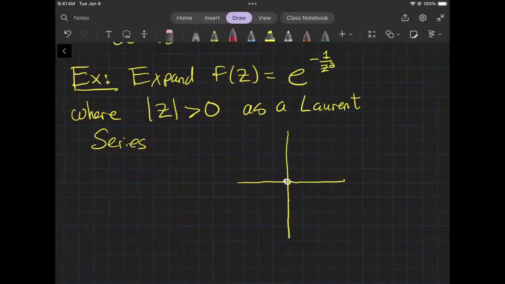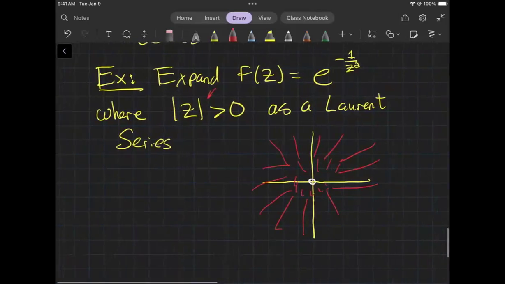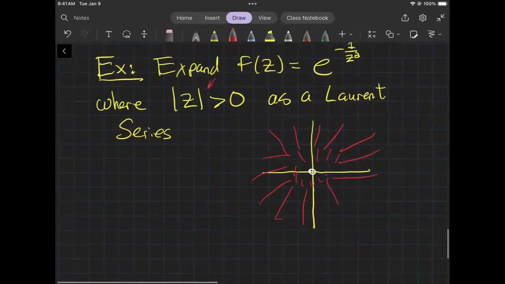But everything else, it's going to be a disk where the modulus of z is positive. So really, it's just all the points on the complex plane except at z equals 0. So we want to formulate a Laurent series for this.